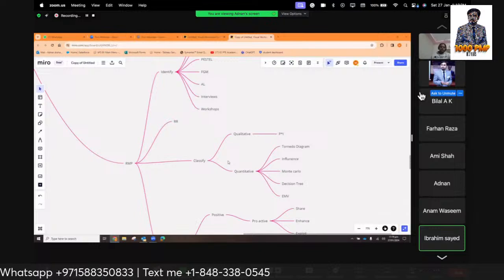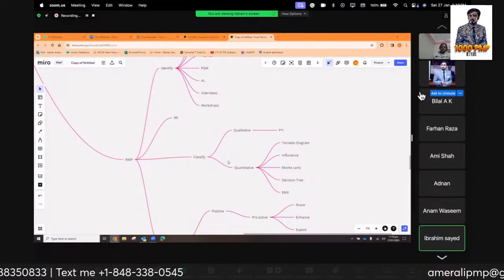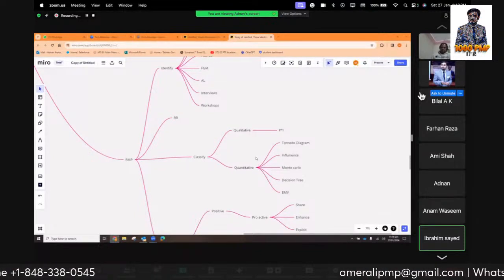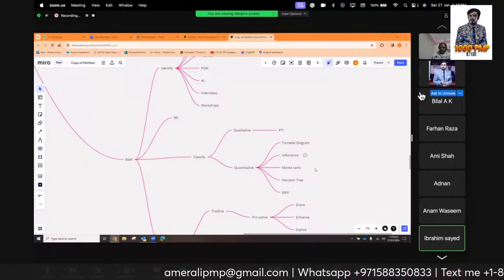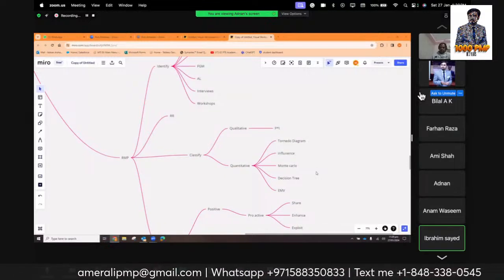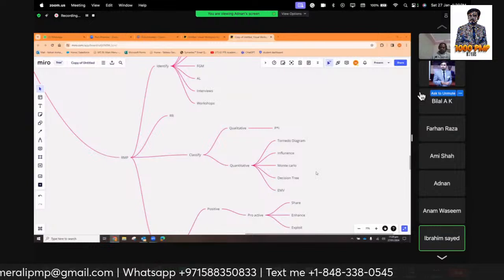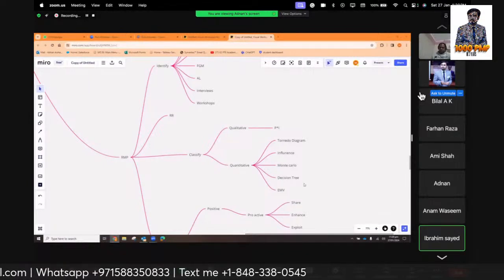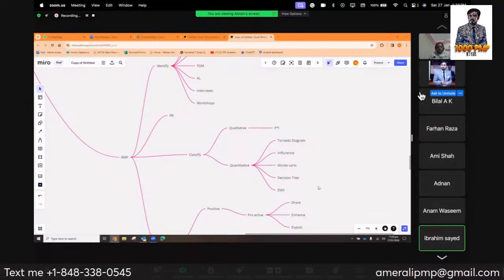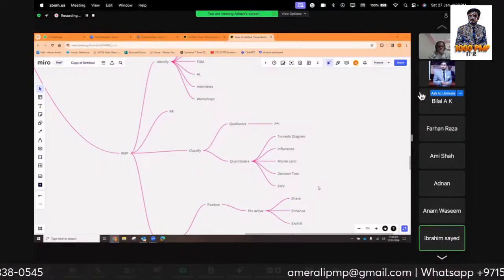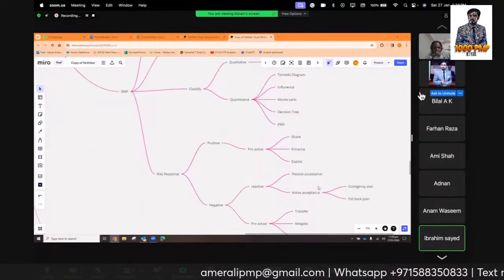Qualitative risk analysis is probability times impact. In quantitative analysis, we quantify the risk after the qualitative analysis by using expected monetary value, decision tree, Monte Carlo simulation, influence diagrams, and tornado diagrams, which is known as sensitivity analysis. Then after classifying, we plan the risk response strategies.